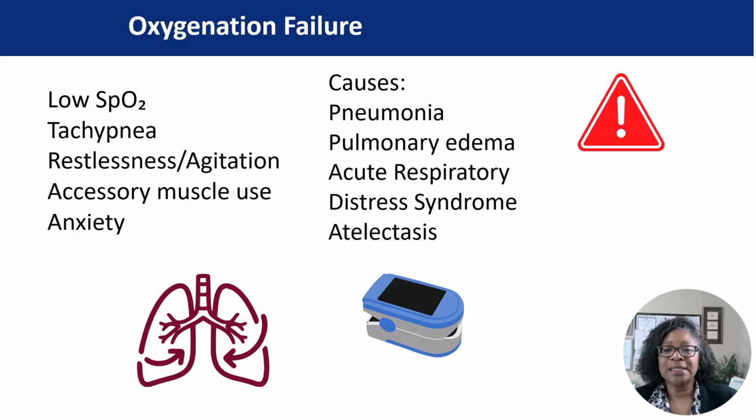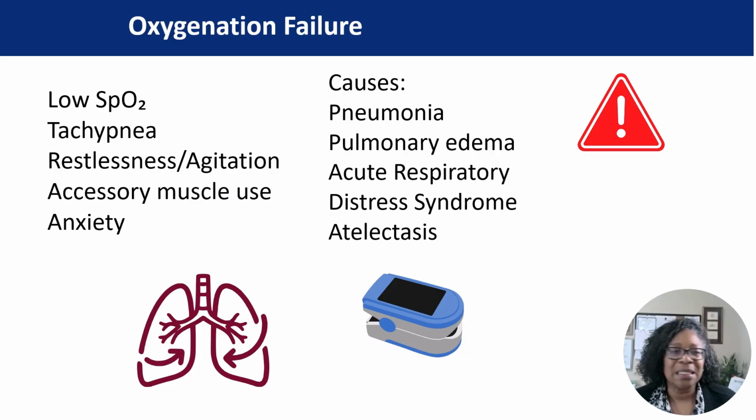Now, let's go back to oxygenation failure. Okay. This is usually easy for students to recognize because the signs are pretty obvious. Your patient is going to exhibit a low oxygen saturation, so you're going to put that pulse ox on them. Tachypnea, they're going to be breathing fast.